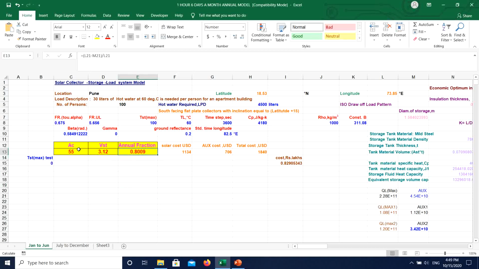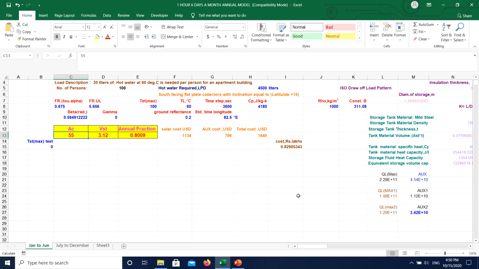Now the collector area is 55 meter square and storage volume is 3.12 meter cube. Corresponding to this system, the annual fraction is 0.8009. All these parameters are mentioned here: 4500 liters per day at 60 degrees Celsius, and the maximum limit is 100 degrees Celsius of water, which should not be exceeded. And all those equations are entered.